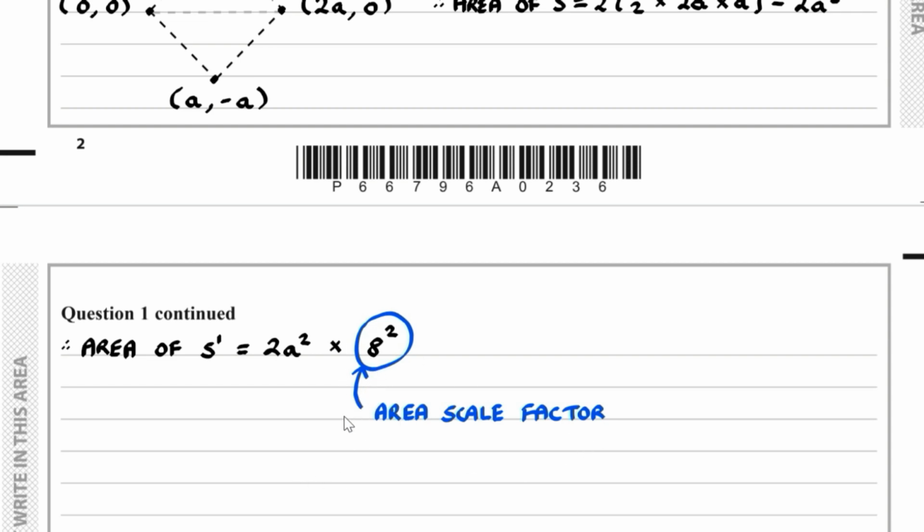And knowing that k is 8, 8 squared would then be the area scale factor. 64 times by 2 is 128, times by a squared, it turns out the area of S dash is equal to 128 a squared.